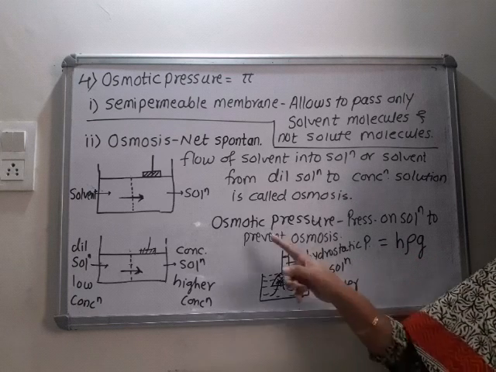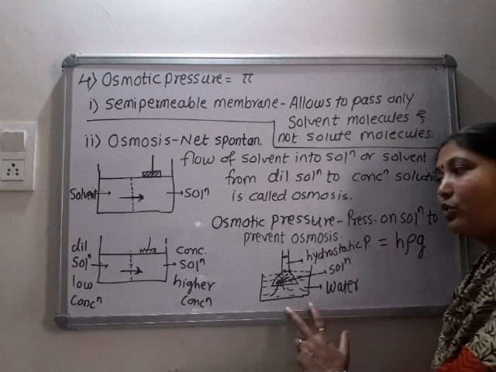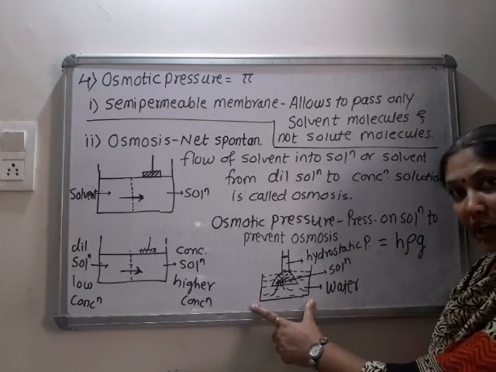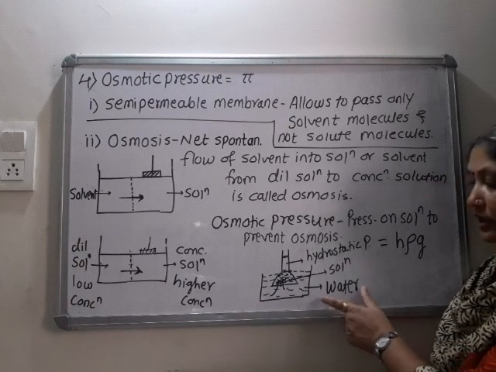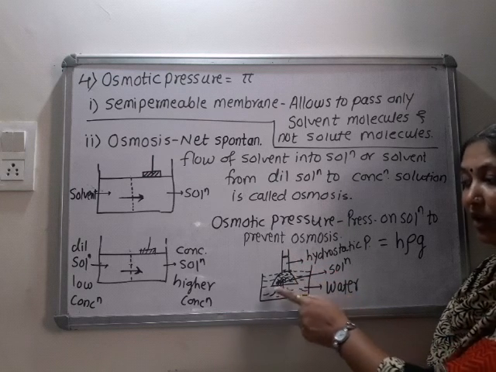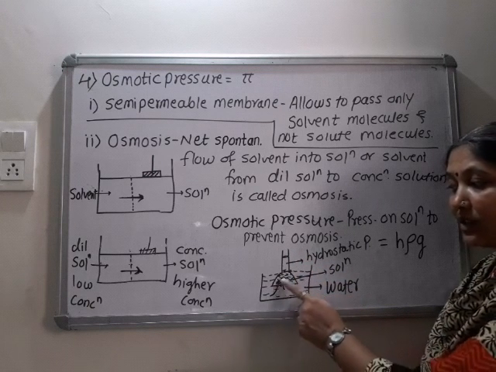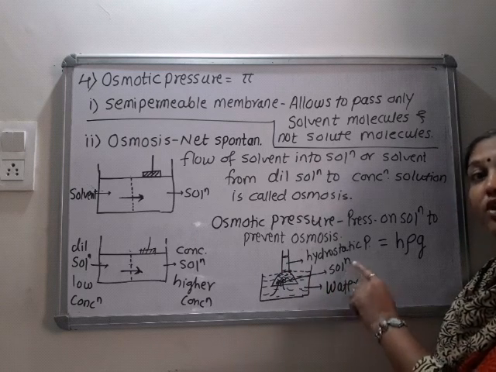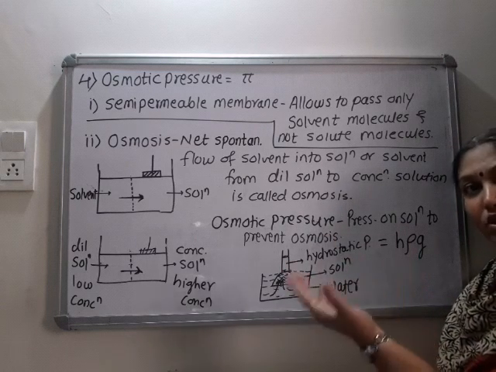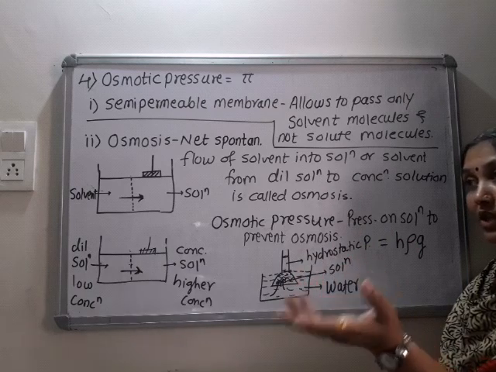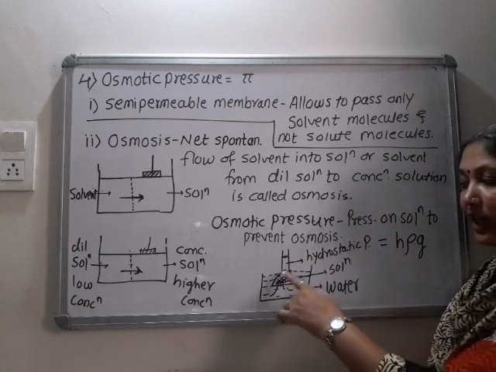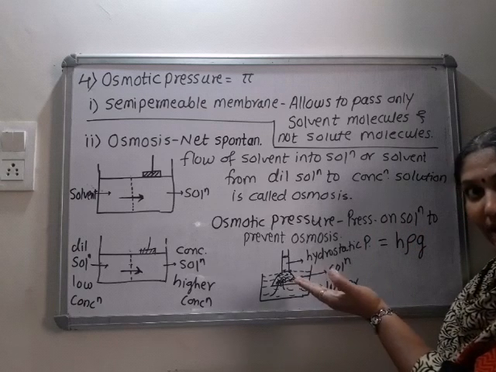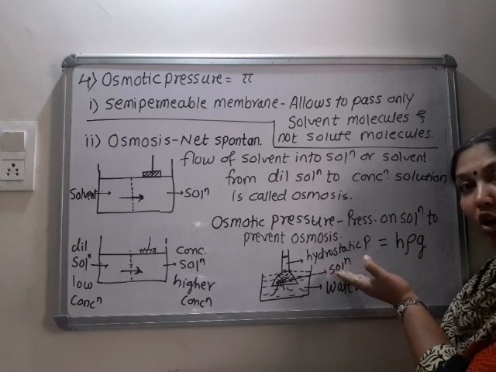Is this clear? What is osmotic pressure? What was the experiment to explain osmosis and osmotic pressure? They have taken one container containing water. One thistle tube is taken, and its mouth is closed with a semi-permeable membrane. The thistle tube contains some amount of solution, say sugar solution. Sugar is there in that solution, so it is concentrated.